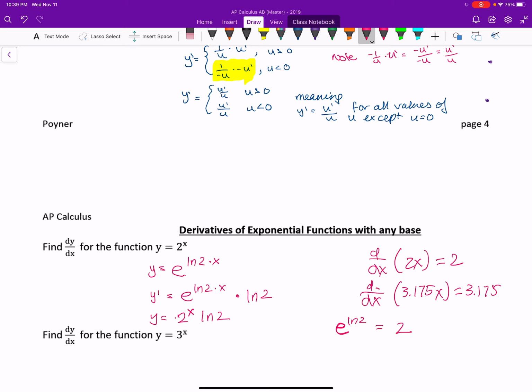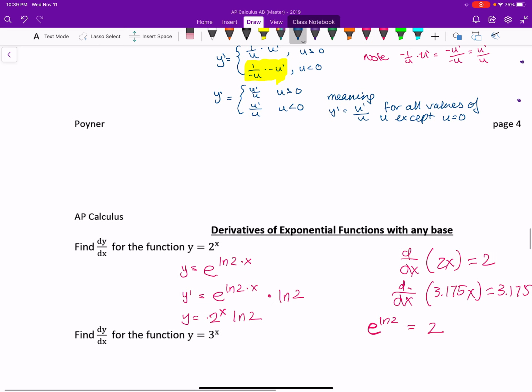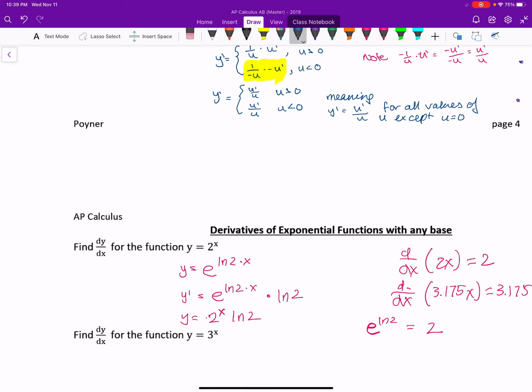Now there's an alternate way of showing the same thing. You could rewrite this in logarithmic form. Or now I'm changing my mind, take the natural log of both sides would probably be the easiest.